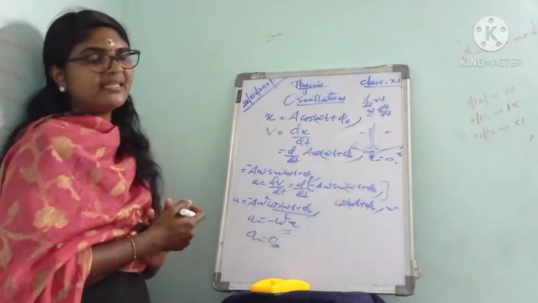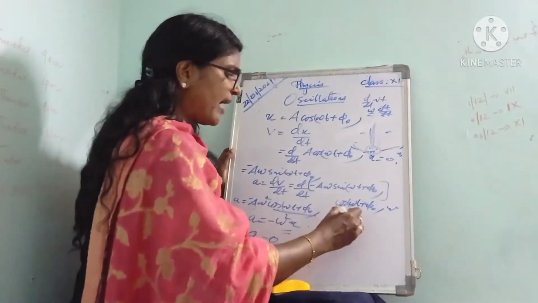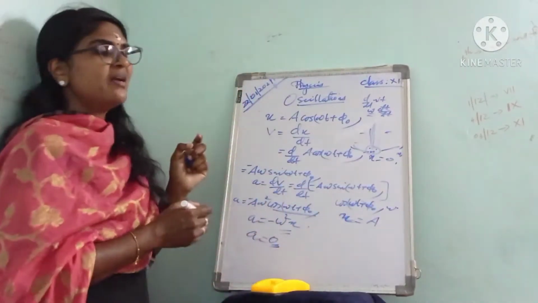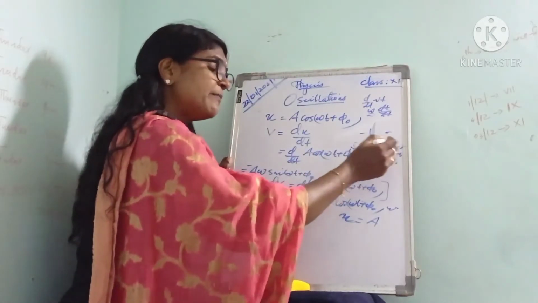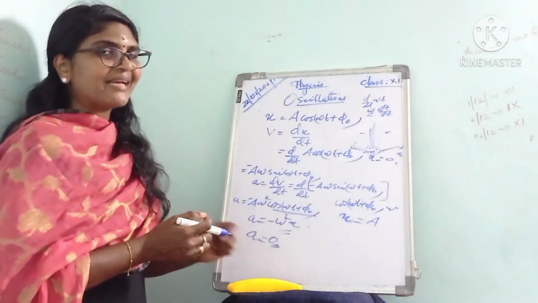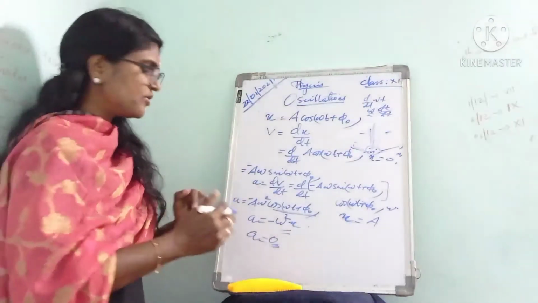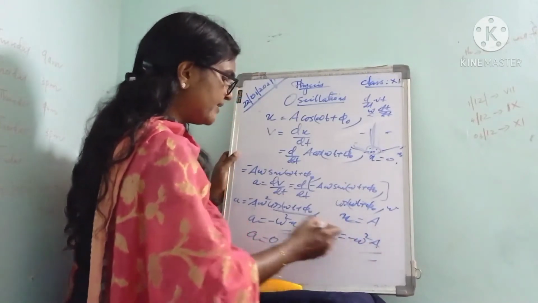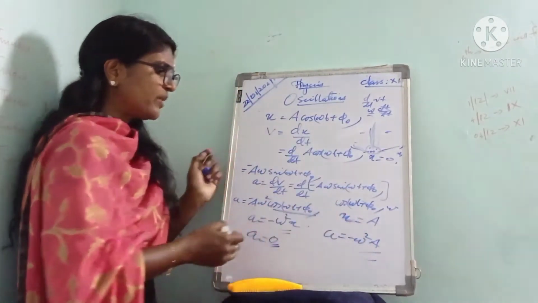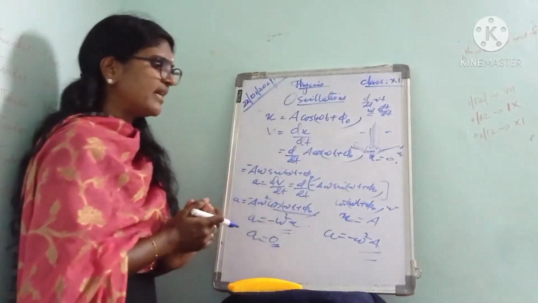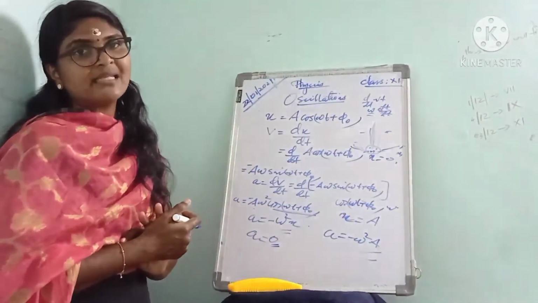Isn't it? Then at the extreme position, the displacement is equal to the amplitude A. So what is the acceleration at the extreme position? Actually, it is a equal to minus omega square A. Instead of x, we have to substitute A. So at the extreme position, it has the maximum acceleration.